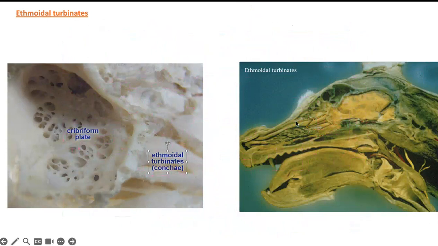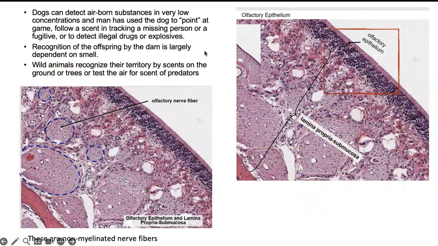So let us now speak about the ethmoidal turbinate, which is important. The ethmoidal turbinate is covered by olfactory epithelium and usually passes through the cribriform plate right here. As you know, olfactory epithelium is especially well developed in certain animals such as dogs. You can see the olfactory epithelium here is pseudostratified columnar ciliated epithelium, and we also have a lamina propria, and it's important that it has nerve fibers, olfactory nerve fibers, to conduct here.